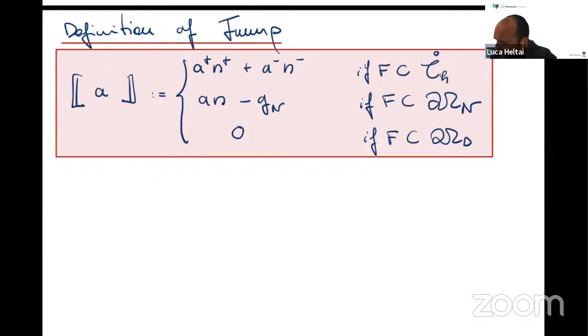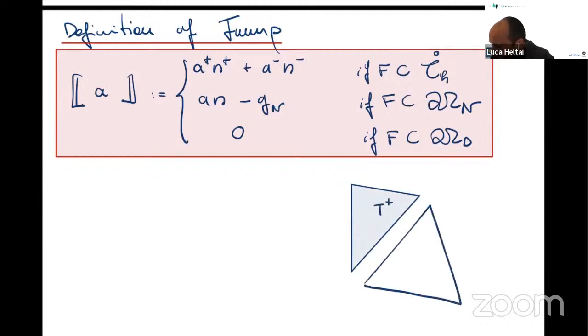We had the picture showing this type of thing in the last lecture. The picture showed two cells, this is T plus and here we have T minus, with outward normals, this is n minus and this is n plus.